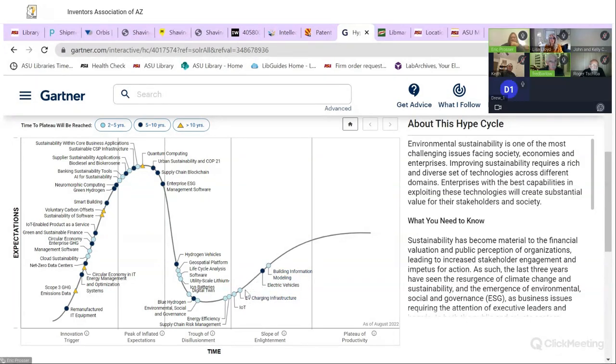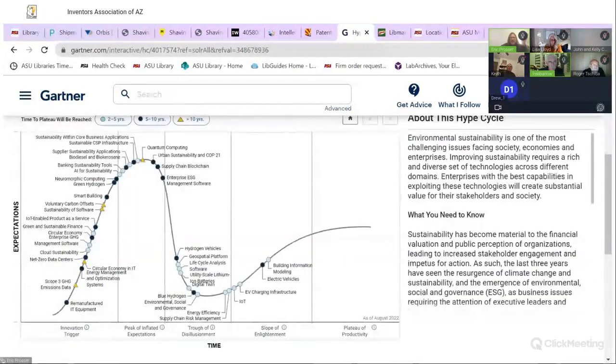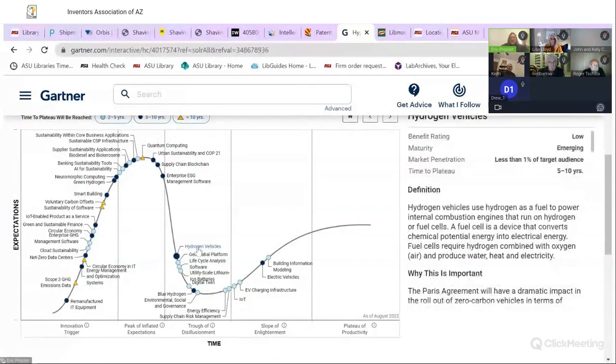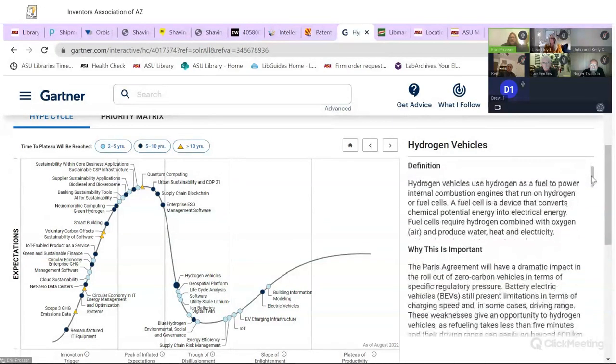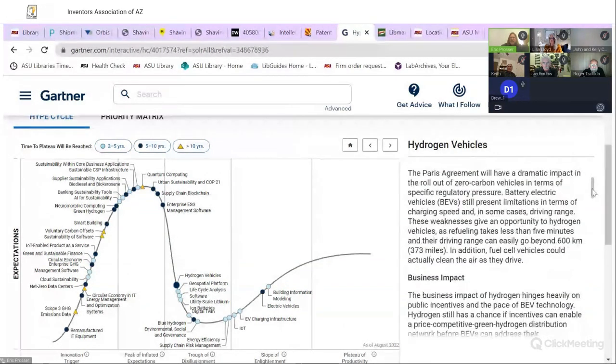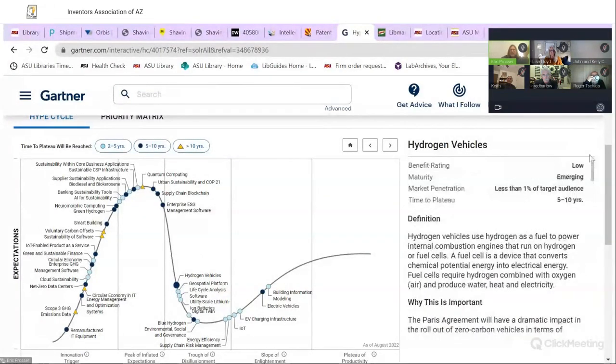I think it would seem to me you would want the charging infrastructure about the same place as the EVs. But yeah, this has some of the information in there about sustainable ways, and one of the things you can do is when you click on these, it'll talk about over here where it's going, right? And give kind of a snapshot of what's going on, what's the business impact, things like that, some news in it.